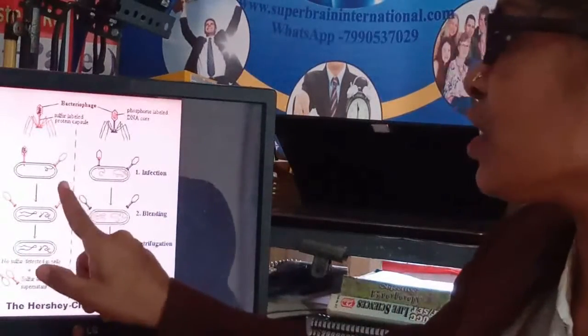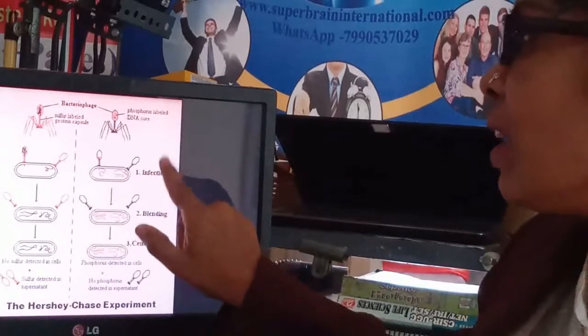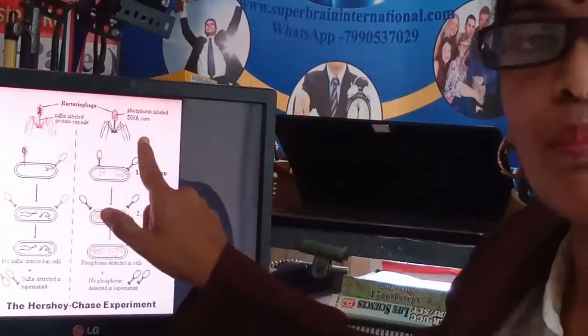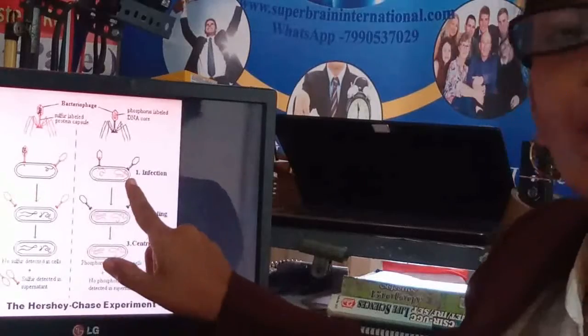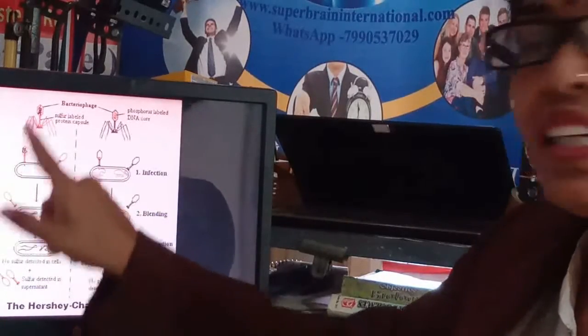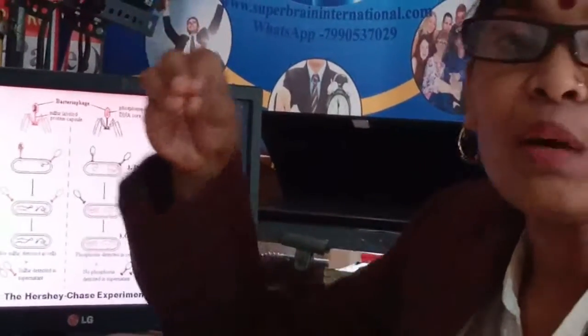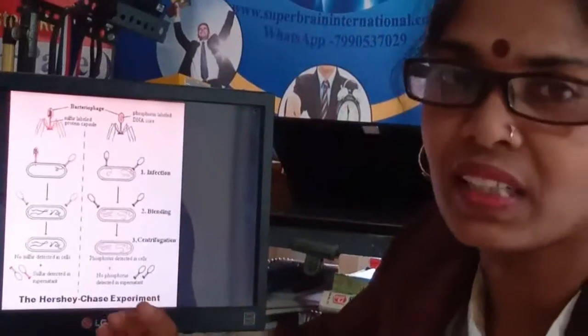Now the first stage is known as the infection. In this first step, they infect the bacteria with the bacteriophage. The bacteriophages do not completely enter the bacterial cell.